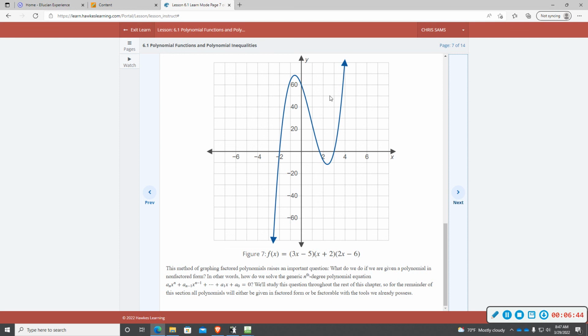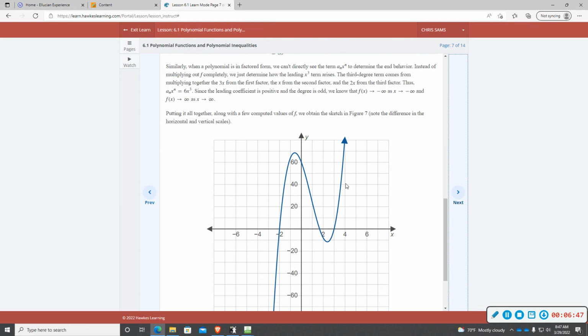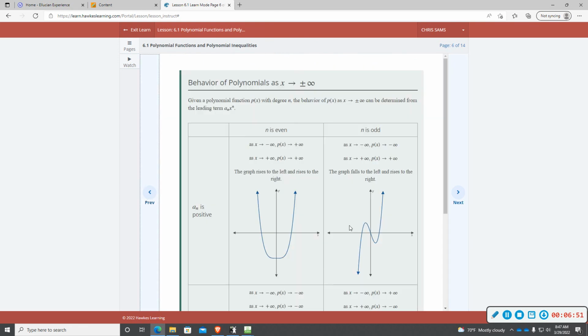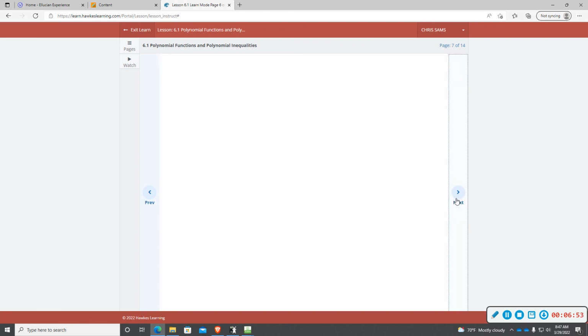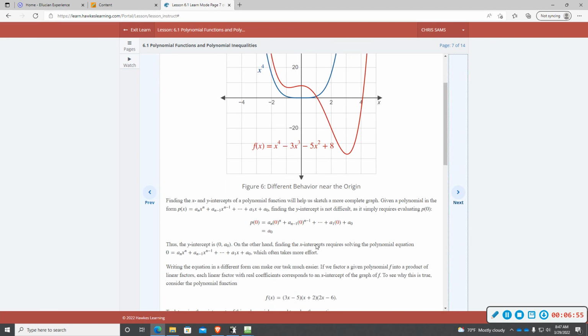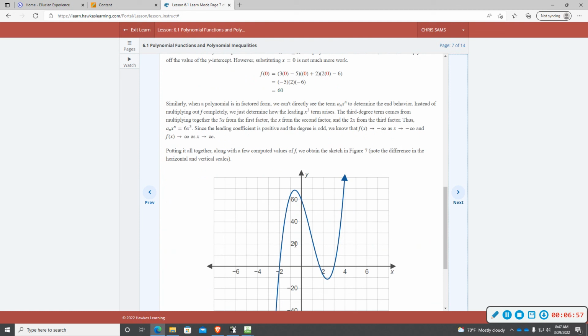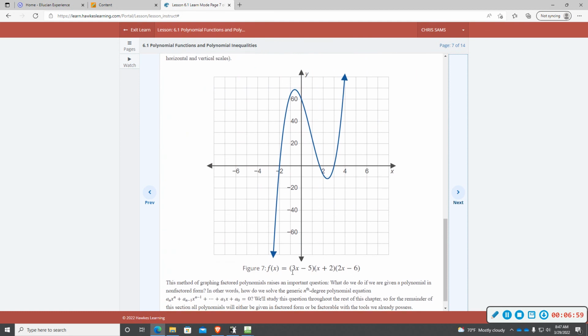As you can see, it's an odd graph, kind of what we saw on the previous page. When it's odd, one end's up, one end's down. So when it's in factored form, counting the degree is counting the number of x's you have, even their powers. If it has a power, you add that as well.